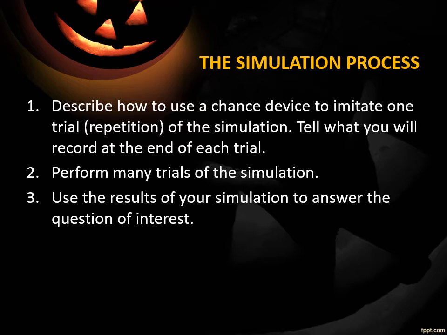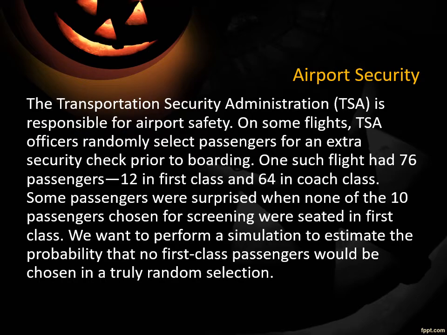Now these sound a little bit vague, so I'm going to walk you through each of these steps with a specific example. And that example is the one we looked at yesterday, which we called airport security. I'll go ahead and read it out loud. The Transportation Security Administration, TSA, is responsible for airport safety. On some flights, TSA officers randomly select passengers for an extra security check prior to boarding.